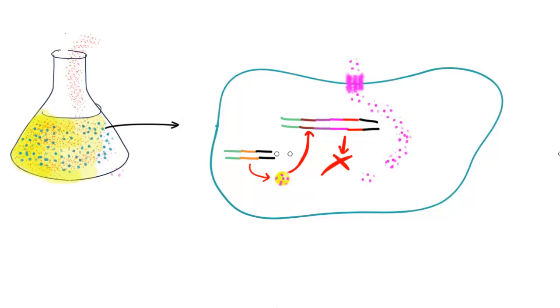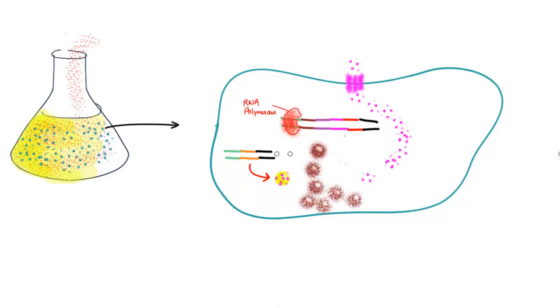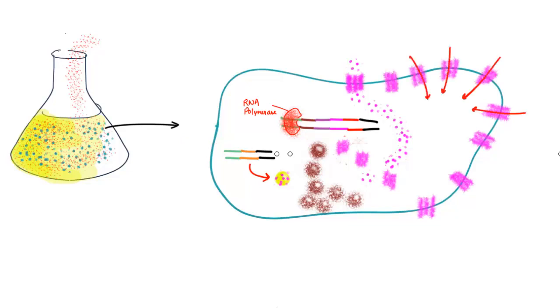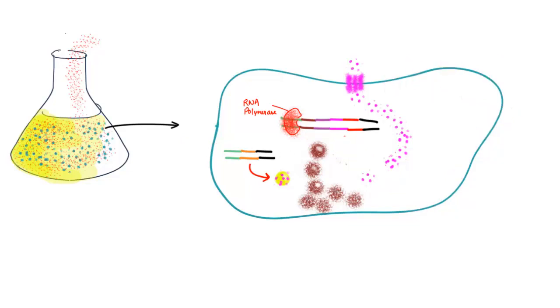Lactose can enter the cell and bind to the repressor. Now the repressor cannot bind to the operator, so transcription can happen by the RNA polymerase, and it makes different enzymes such as beta-galactosidase and permease. Permease incorporates itself into the plasma membrane so that more lactose can enter the cell.